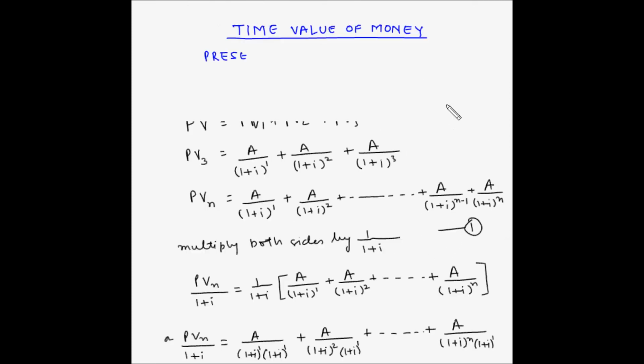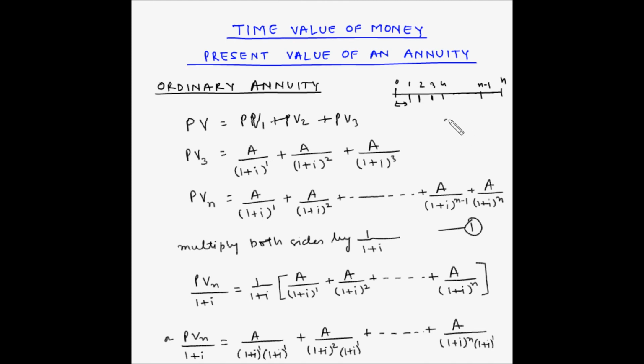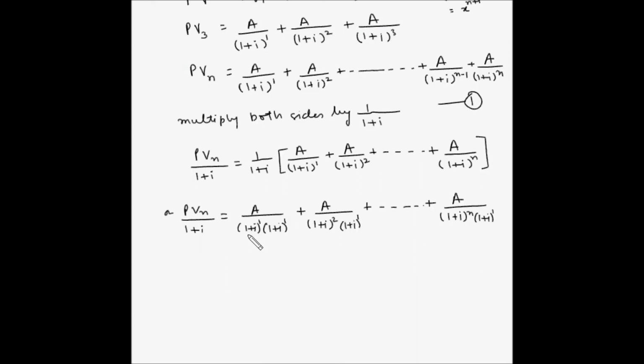Now we know that x to the power n into x to the power 1 is equal to x to the power n plus 1. So this base is the same, so if we are multiplying these two, then these exponents can be added. So similarly here 1 plus I is the same. So let's see what we get.